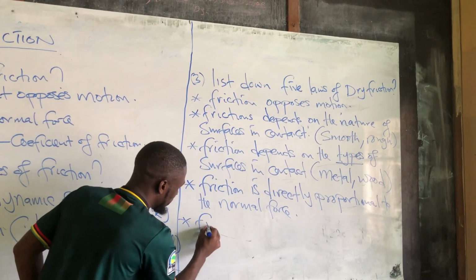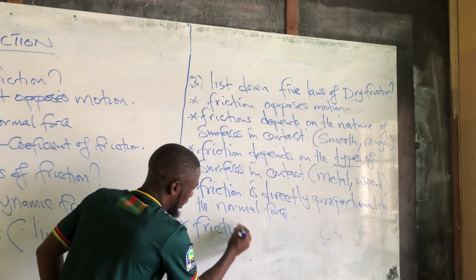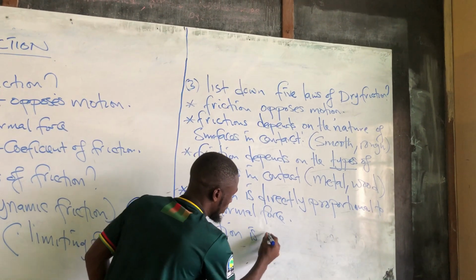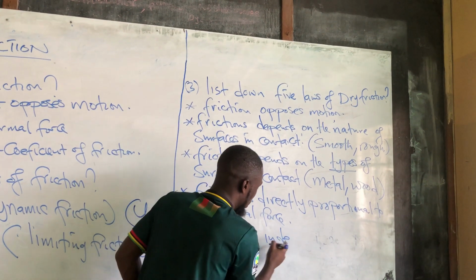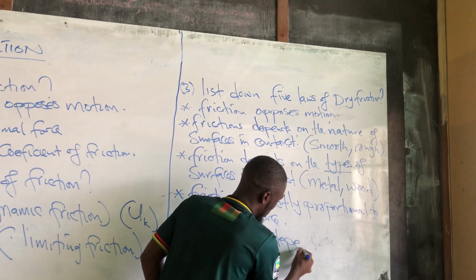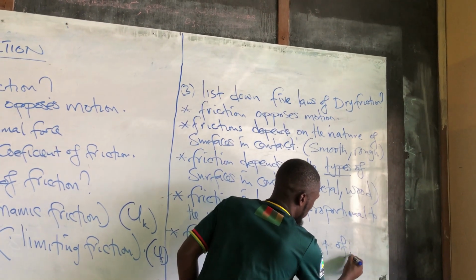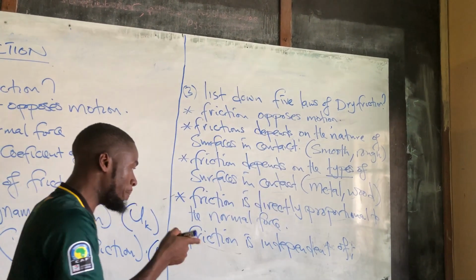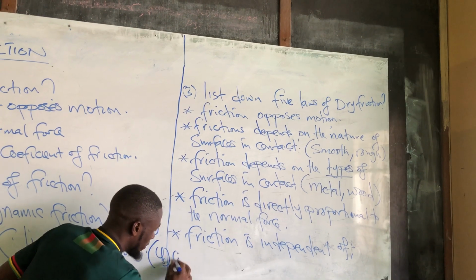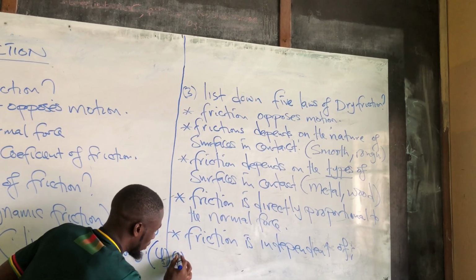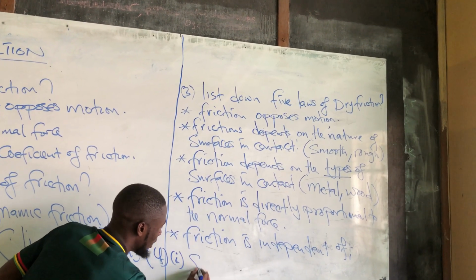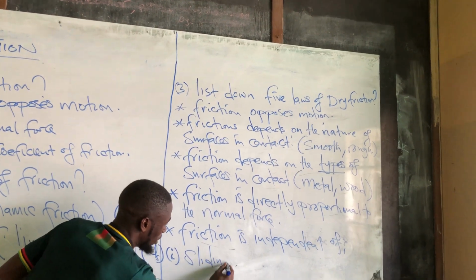So friction is independent of the following here. Number 1, the sliding speed. Friction is independent of the sliding speed.